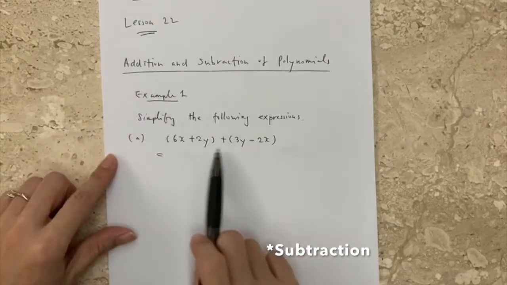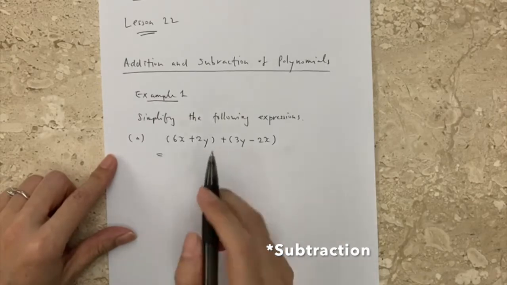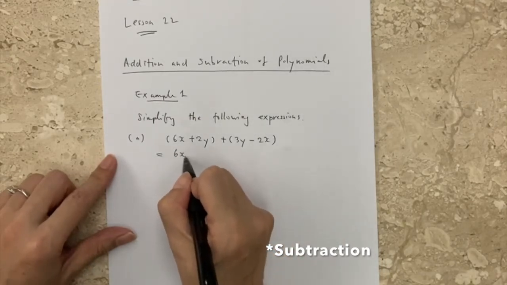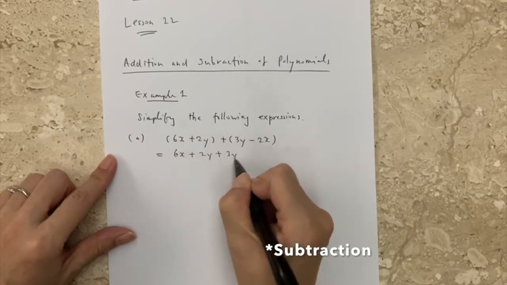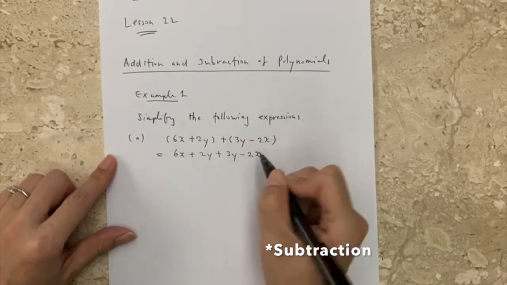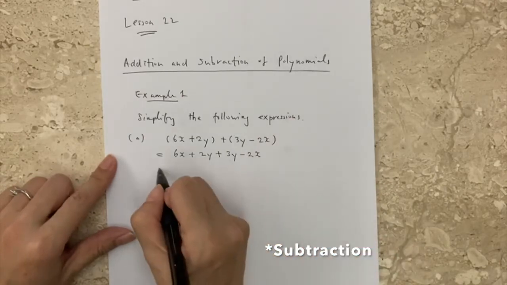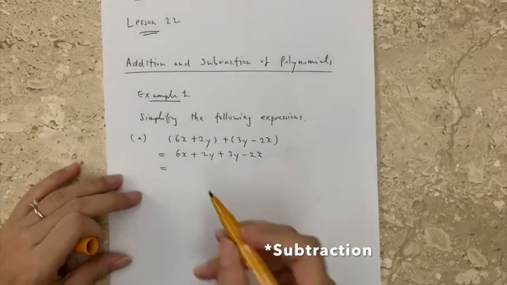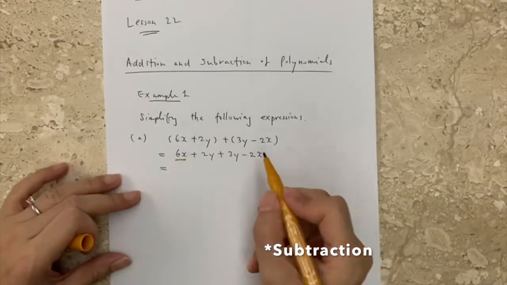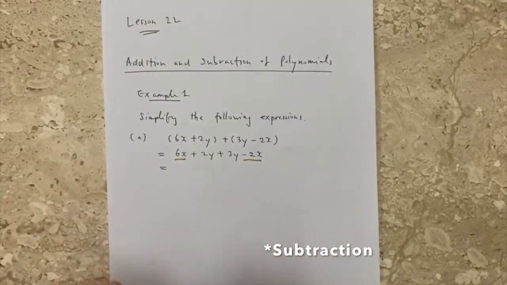Okay, so to do this, the first thing we can do is remove the brackets, so that would be 6x plus 2y plus 3y and then minus 2x. Okay, and then next we group things together. For example, this is 6x, and then here I have x again, minus 2x.